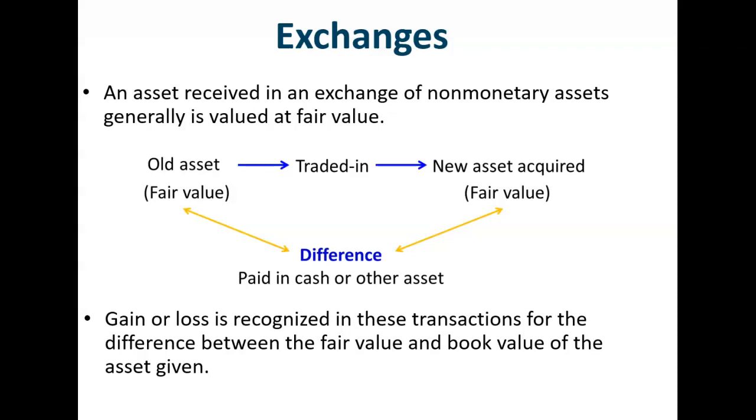If the values of those non-monetary assets are not equal to one another, cash will be received or paid to equalize those values. When a company trades its old delivery truck for a new one, it's quite likely that the fair value of the new delivery truck is higher, so the company trading in the old delivery truck will pay cash to make up the difference.